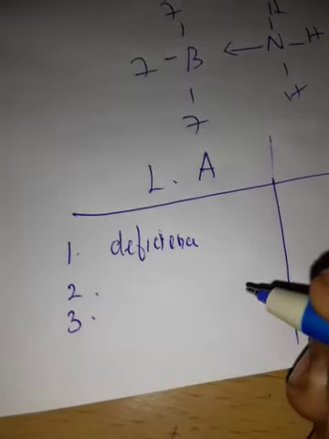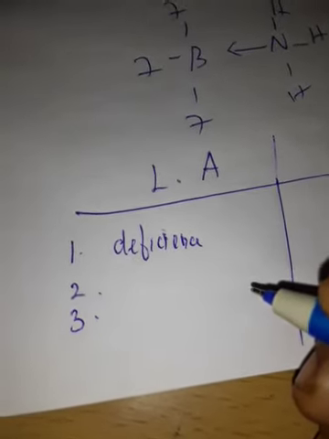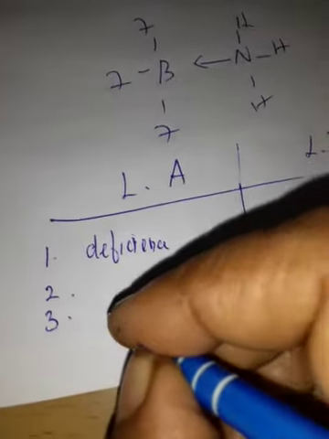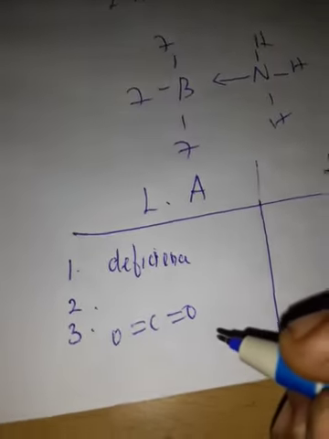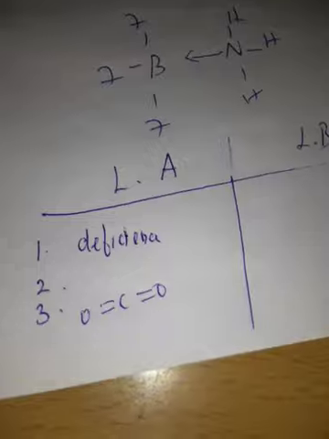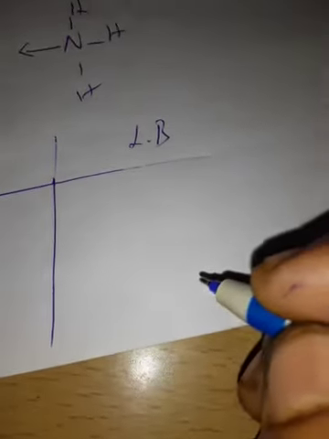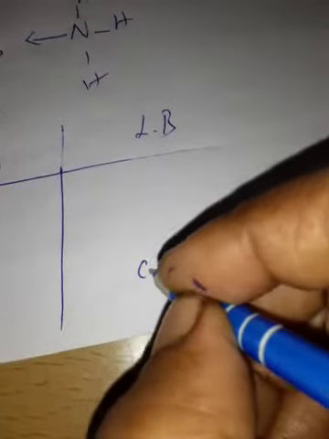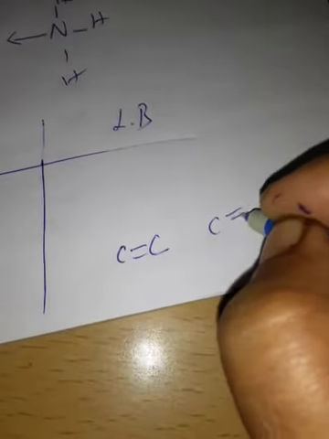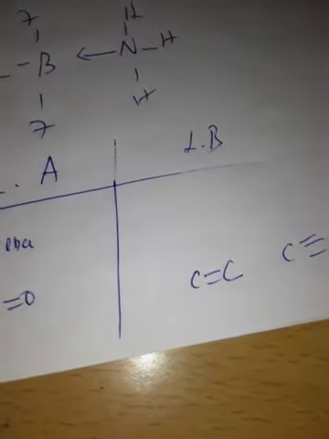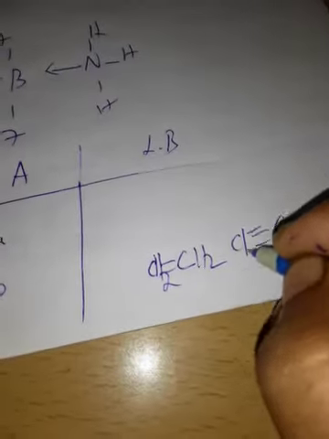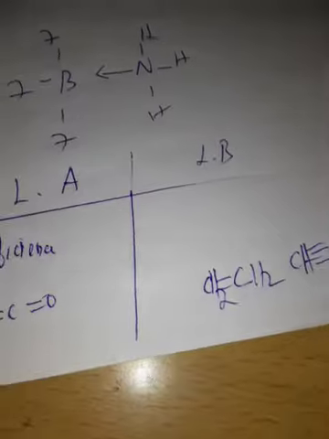Polar means having charge, positive and negative. For example SO2, CO2, that is O=C=O. Then molecules that contain a carbon-carbon multiple bond, that means a double bond or triple bond, for example CH2=CH2, CH triple bond CH, etc.